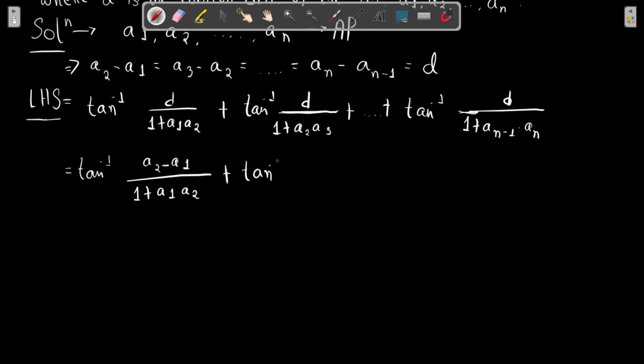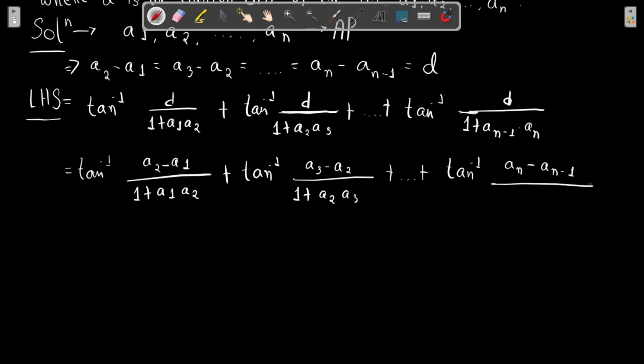In the second term we can write d as (a₃ − a₂)/(1 + a₂a₃), and the summation goes on up to the last term, where we can write d as (aₙ − aₙ₋₁)/(1 + aₙ₋₁aₙ). Now each term in the brackets becomes something like the formula for tan⁻¹x − tan⁻¹y, right? We have tan⁻¹((x − y)/(1 + xy)).